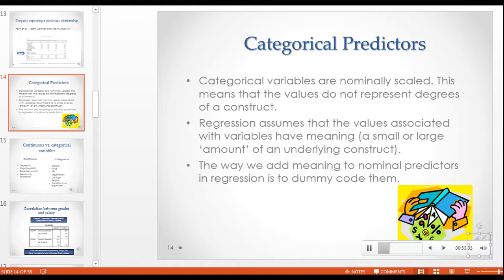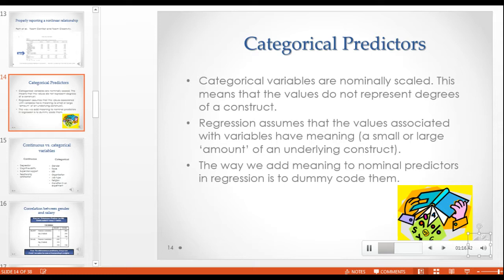All right, so just for your reference, there are several different terms that are out there for categorical predictors. They're also called nominal variables. So they're nominally scaled, and that just means that they're grouping variables and that their values are arbitrary and they don't represent degrees of a construct.